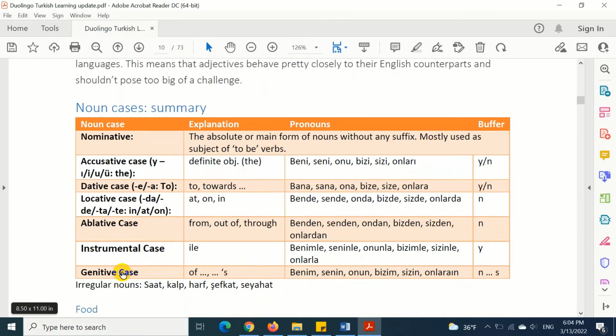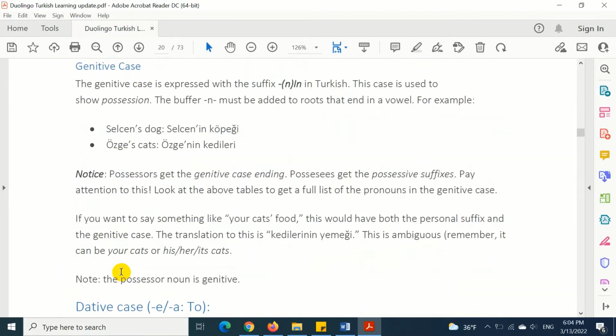Well, come to genitive case or possessive case. Genitive case is actually the possessive case. The genitive case is expressed with the suffix in in Turkish. This case is used to show possession. And the buffer n must be added to the root that ends in a vowel.